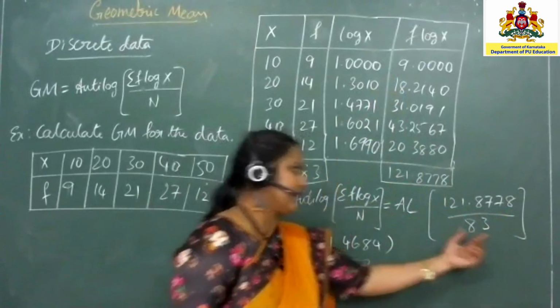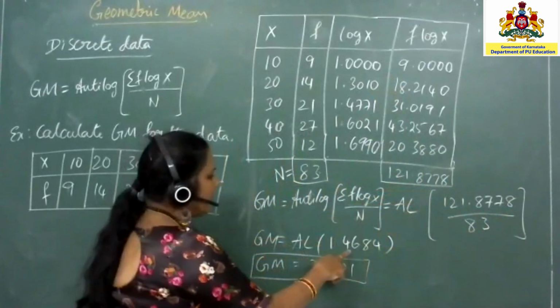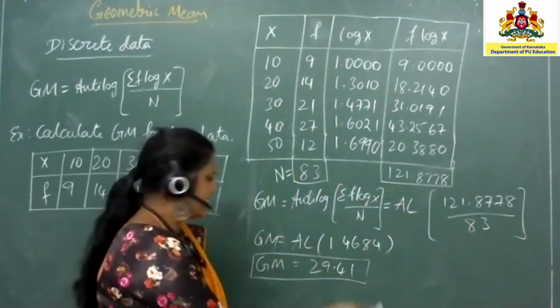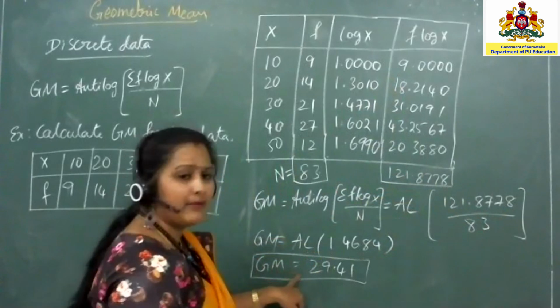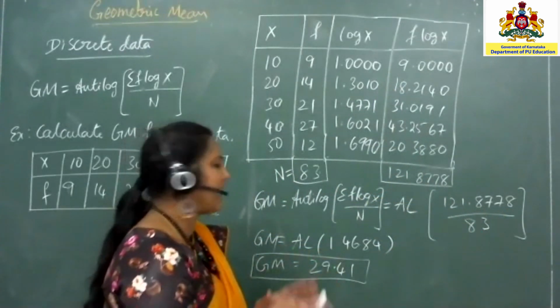So 121.8778 divided by 83 comes to 1.4684. For the geometric mean, again you should go for the antilog.